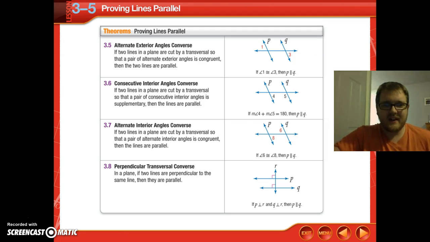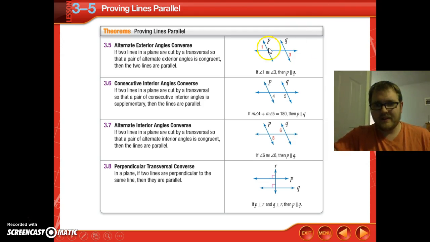All of these again are just converses of the postulates we've discussed before. If we had two parallel lines with a transversal, the alternate exterior angles are congruent. Now we're saying if we have alternate exterior angles that are congruent, we know we've got two parallel lines cut by a transversal.